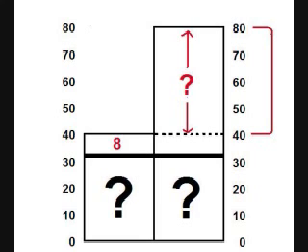Looking at this graphical representation of the problem, it's easy to see how it can be solved. The big black question marks indicate the amount that we don't know and cannot know that's going to be subtracted from 40 and 80. The 8 is the amount that we do know is the result after subtraction from 40.